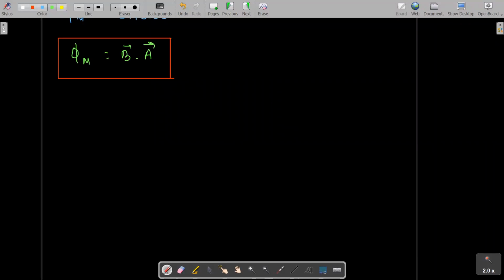Let me give an example. Students, say this is some random area. Now if I take a very small elemental area in this object, let us say the value of this area is dA, and the area vector is along this direction.